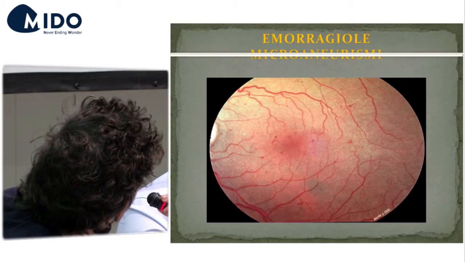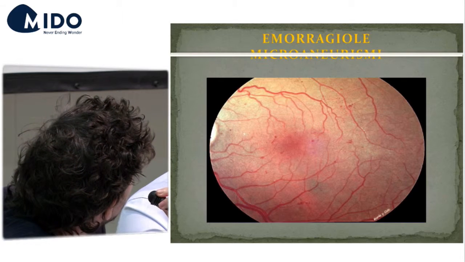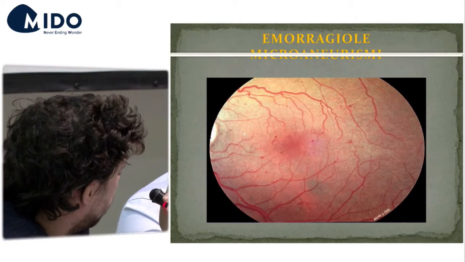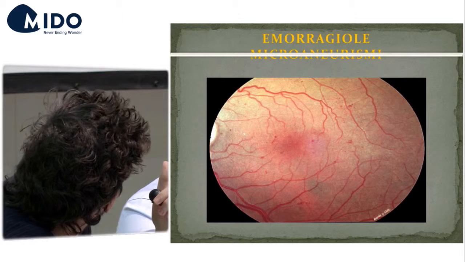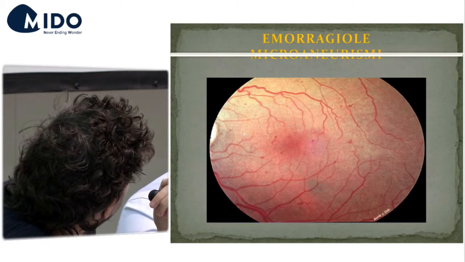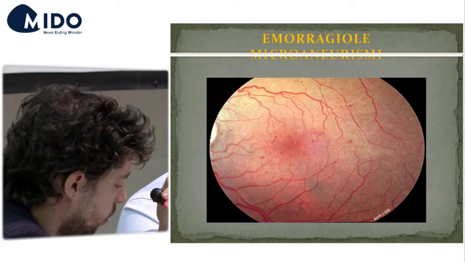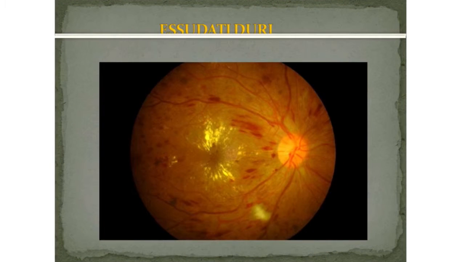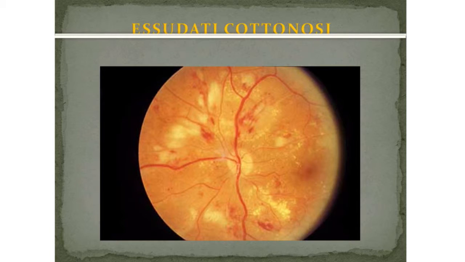Here, you can see well the first signs: spots that can be hemorrhages or microaneurysms. Another sign of an evolved disease, hard exudates, accumulations of cholesterol.